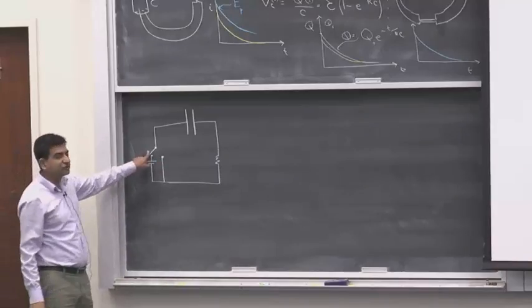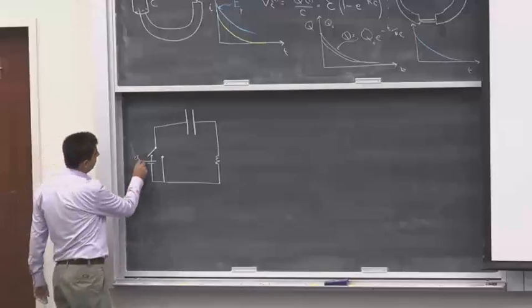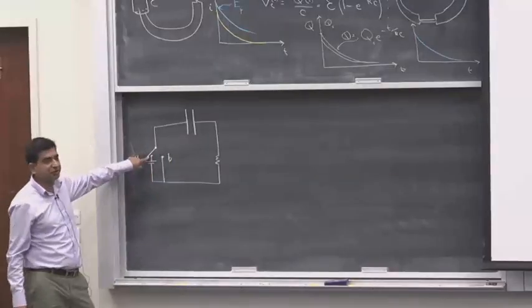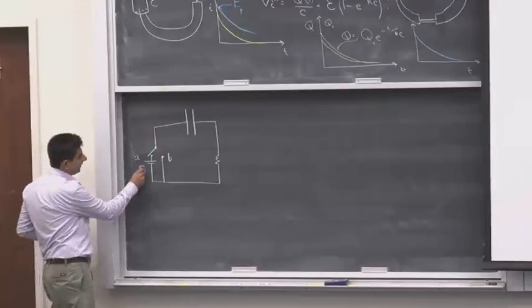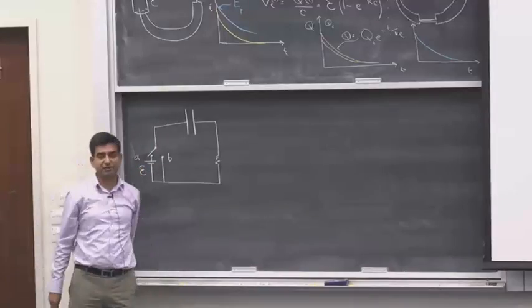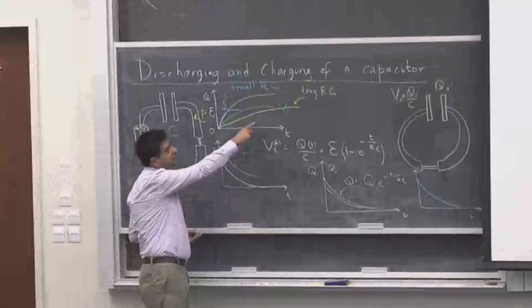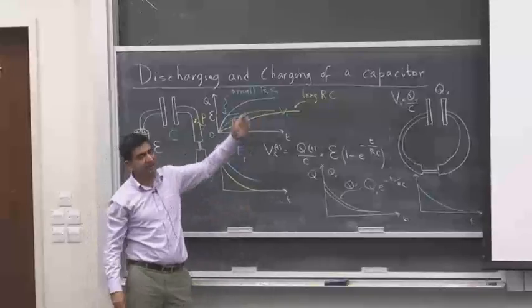This means that I have a switch that can toggle in two positions, A and B. So this switch can either be in position A, which means that this capacitor is seeing a battery of EMF E, and it's going to be charged. And what I expect is that the voltage on the capacitor shows this kind of behavior.